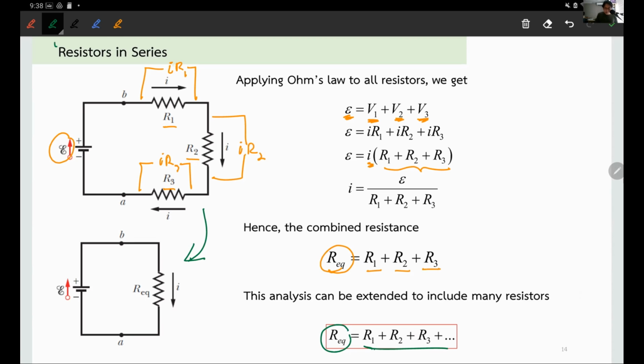We call this resistors in series, back to back. Every time you have a series of R's, you can wrap it up into a single R with the equivalent resistance of the sum of resistance from each individual resistor in series. Cool.